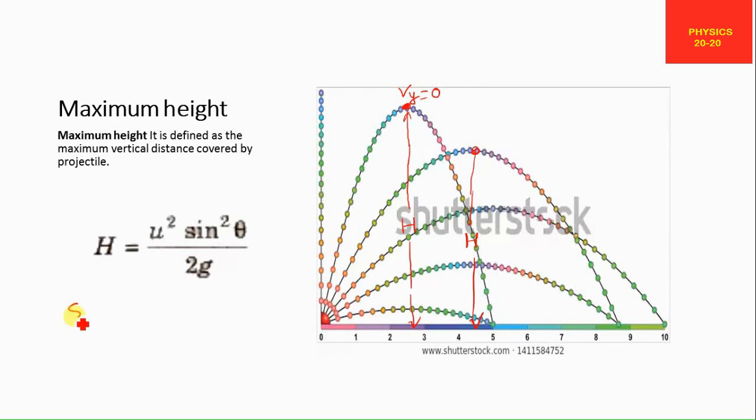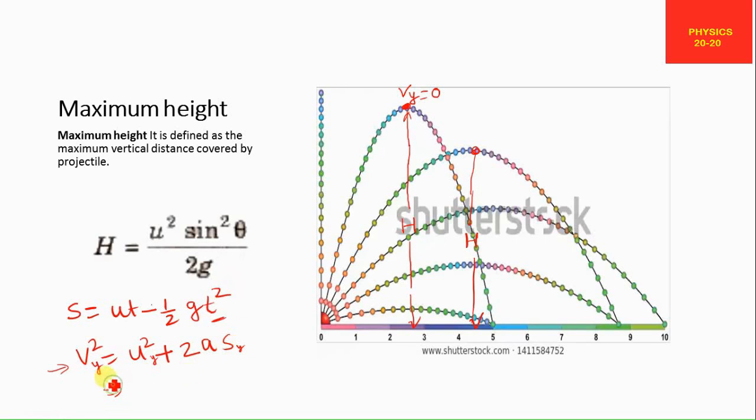So we take the vertical direction. We can take s is equal to ut minus half gt square, or you can simply write v square is equal to u square plus 2as. You can utilize this relation as well. The third relation is more relevant because we have to find the height in this particular relation. So we will utilize this.